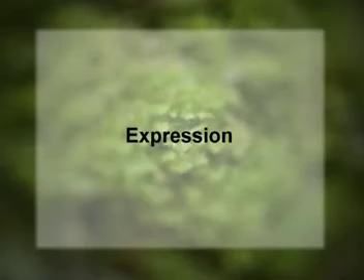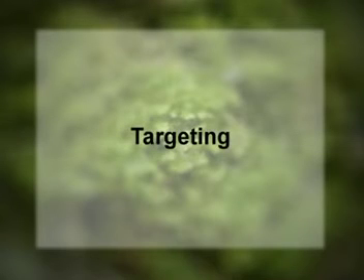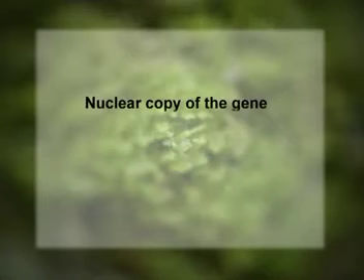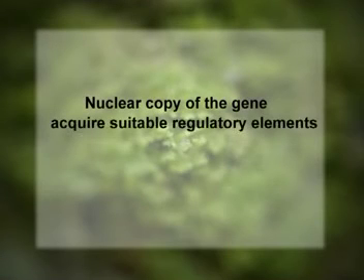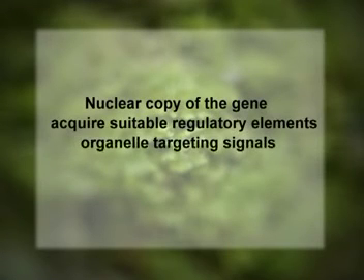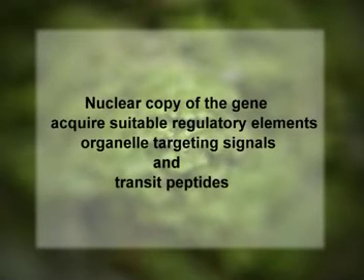The transferred organelle gene has two main obstacles to cross before the nuclear copy becomes functional, permitting the loss of the organelle copy. The first one is expression and the second is targeting. If the product of the organelle gene has to return back to the organelle, then the nuclear copy of the gene has to acquire suitable regulatory elements, organelle targeting signals, and transit peptides.